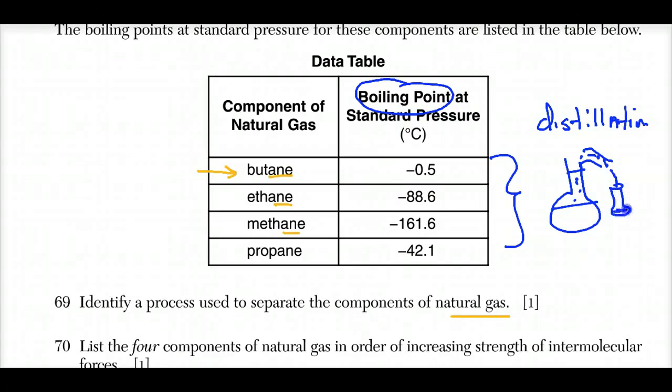No big deal. We did so because the components of this mixture had different boiling points, and because they were a mixture, they retain their individual properties. So if I've got a mixture of these guys, they're not chemically bonded, they can be boiled off at different temperatures, and distillation is how we would do that.